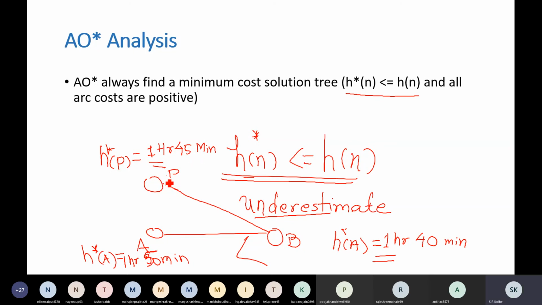So what will the algorithm do? The algorithm will select this node P and reach the place B. This is the estimated cost, and the actual time taken to reach B through P is, suppose, 1 hour and 55 minutes.